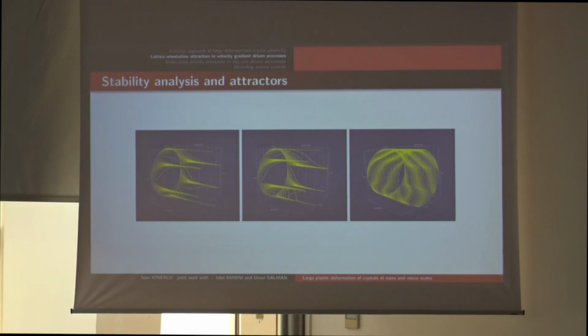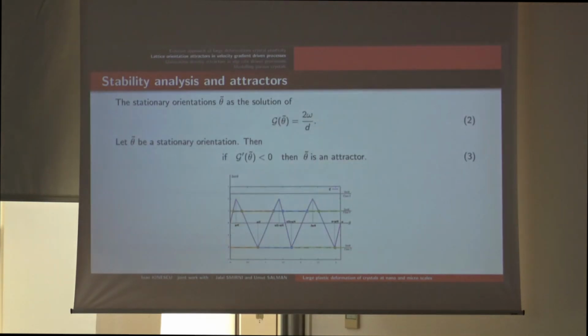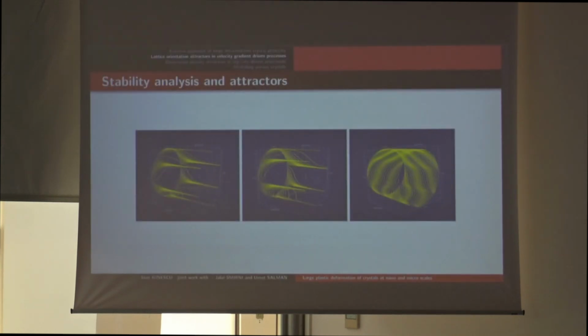Now we can see, and let me finish, that in this situation it's an attractor from the left and not from the right. It's unstable. And here we have no stationary solution, no attraction. Here I have plotted the evolution in time of different orientations on the circle, and we can see the attractors.